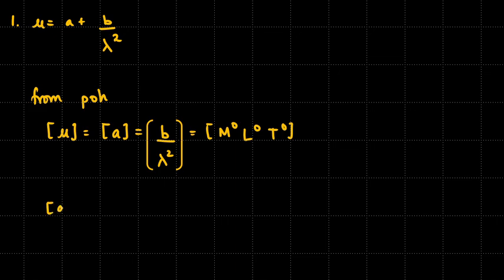So the dimension of A is m0, l0, t0. And to find the dimension of B, we just do this. The dimension of B must be the same as the dimension of lambda squared, which will be m0, l0, t0.